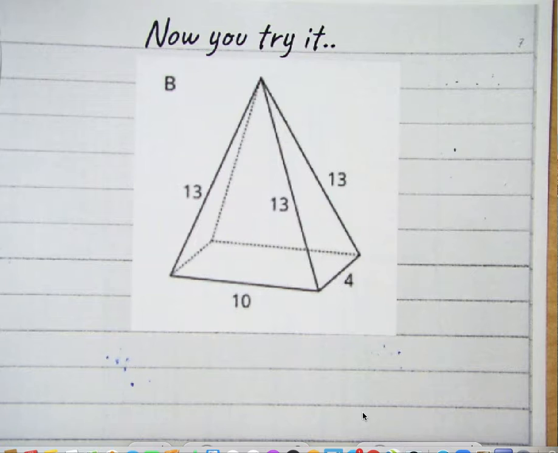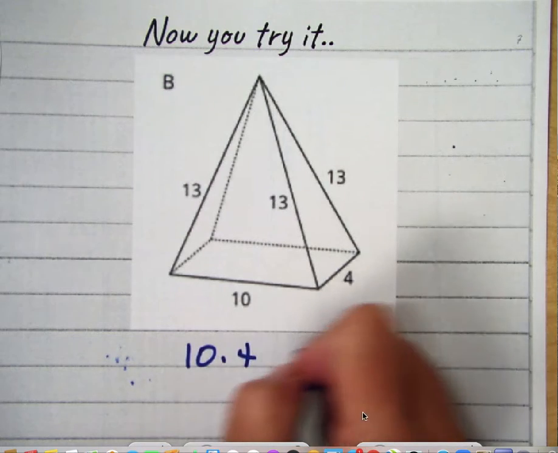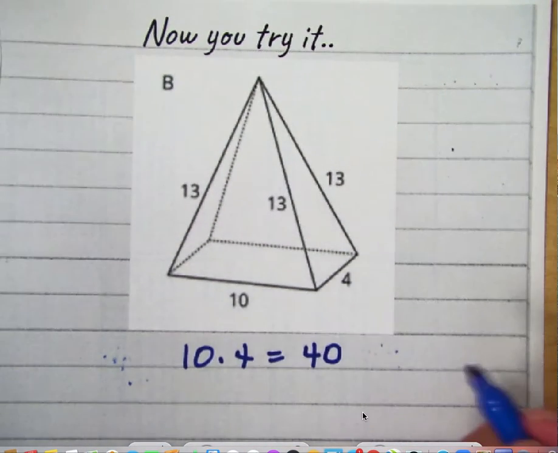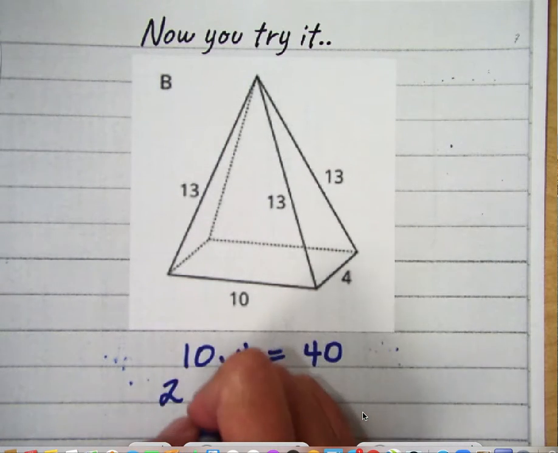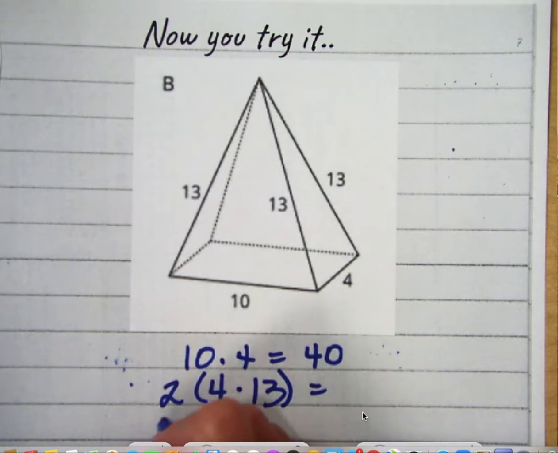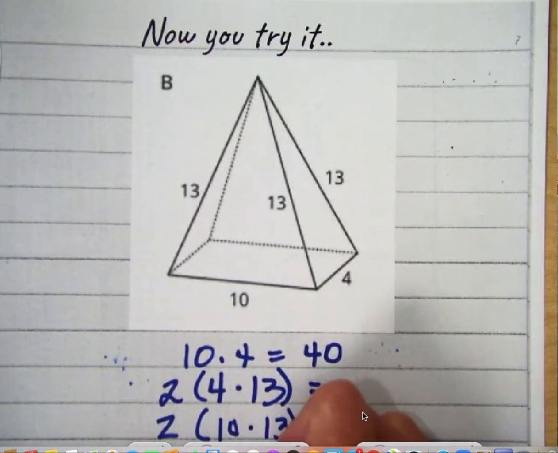Okay? All right, this one's a little different. We don't have a square at the bottom. We've got 10 times 4 at the bottom, which is 40. We've got 2 triangles that are 4 times 13. And then we've got 2 that are 10 times 13.